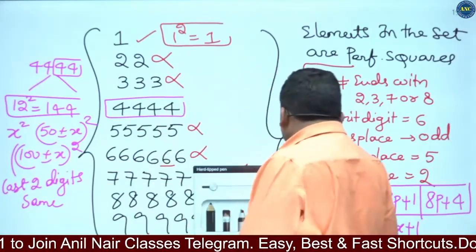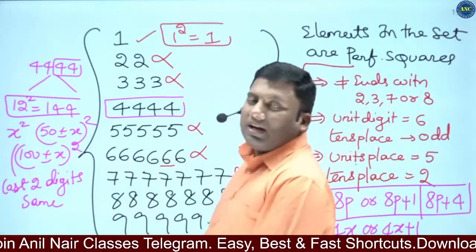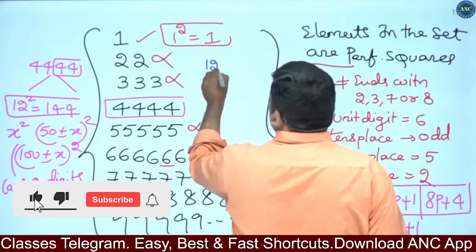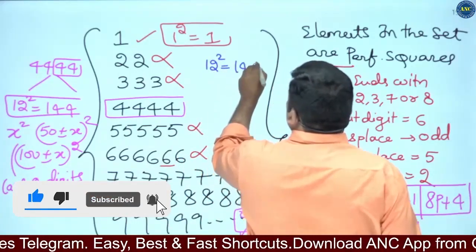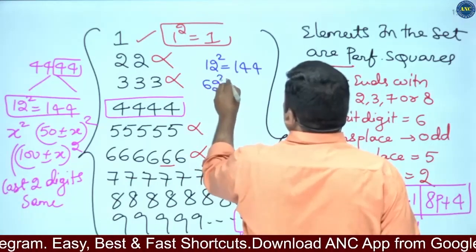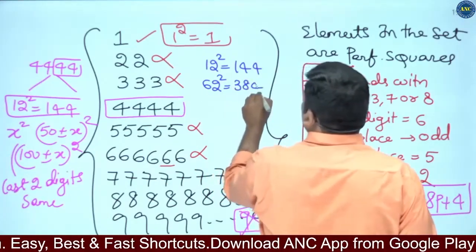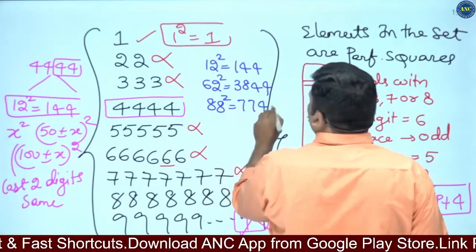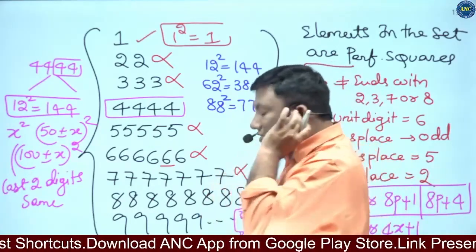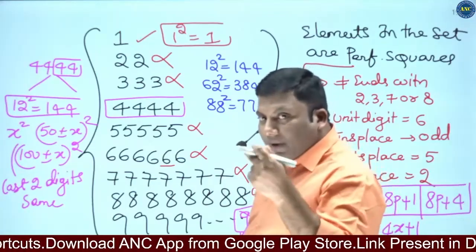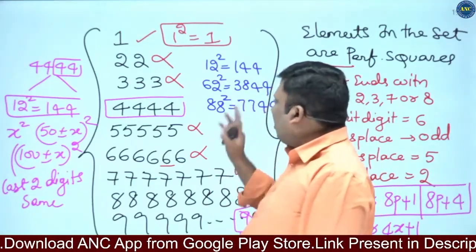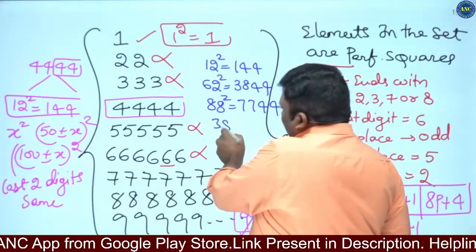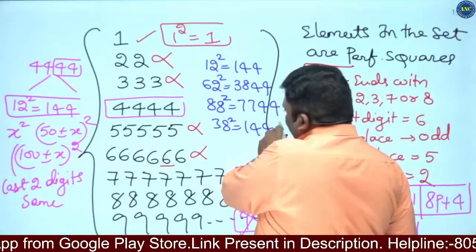So x square, 50 plus or minus x whole square, 100 plus or minus x whole square, where x is 12. 50 plus 12, 62 square is 3844. 100 minus 12 is 88, 88 square is 7744. 50 minus 12 is 38, 38 square is 1444.